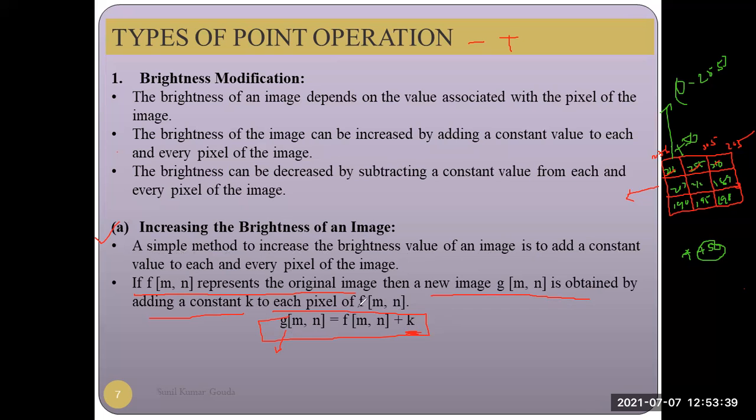It will add the constant value k to each and every pixel of f(m,n). In this way, we can increase the brightness of the image.